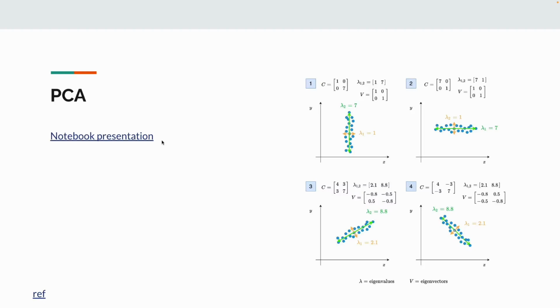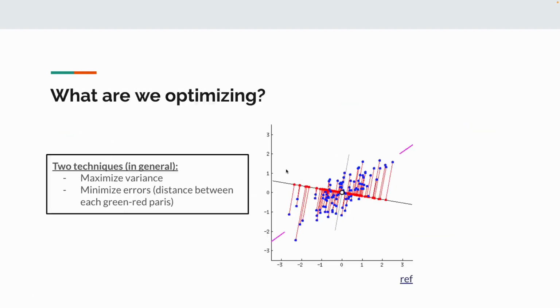We'll do some practical problem exploration through notebooks, but this is the general idea. In terms of optimization, one of the things PCA does is maximize the variance of the projected space. Here we have a demonstration. You have some blue data points, and the red data points are their projections on a single dimension.